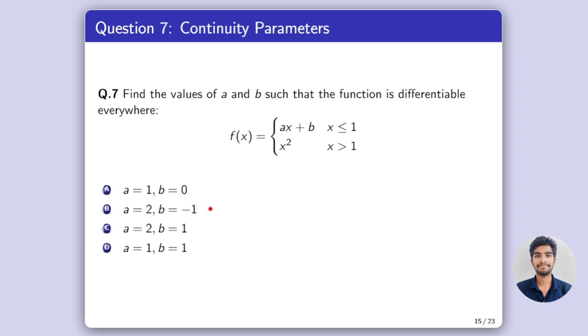It means the answer will be fixed in these B and C options. In these B and C options, the answer is fixed. So at this point, we need to find the B value.